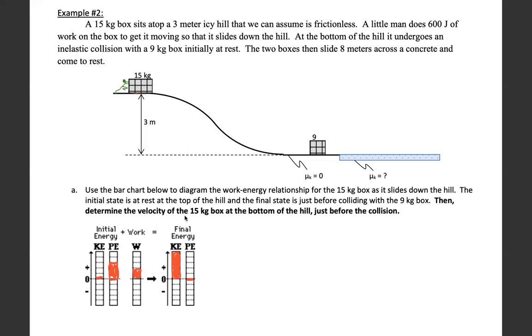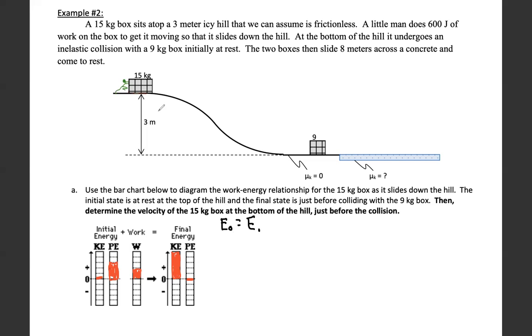So how do we find the velocity of the 15 kilogram box at the bottom of the hill? We can use the work energy theorem along with conservation of energy. Initially, we can always say the initial energy equals the final energy.